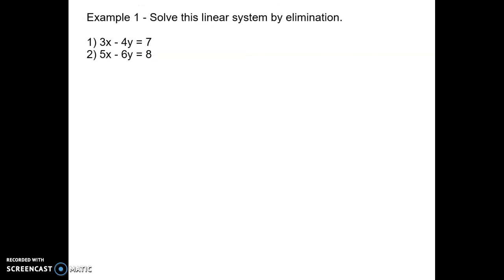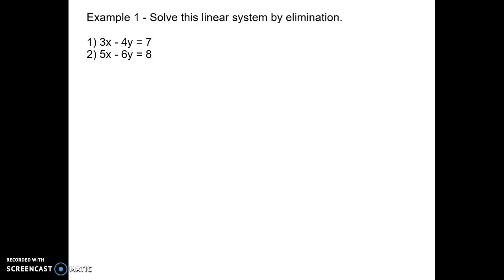Here's example 1. Solve this system by elimination. So what we need to do first is we want to get one of our variables to be the same number, but the opposite sign as the other equation. So for example, if I want to get my x's the same, I need to get these both to 15, because that's the next multiple that they both go into.